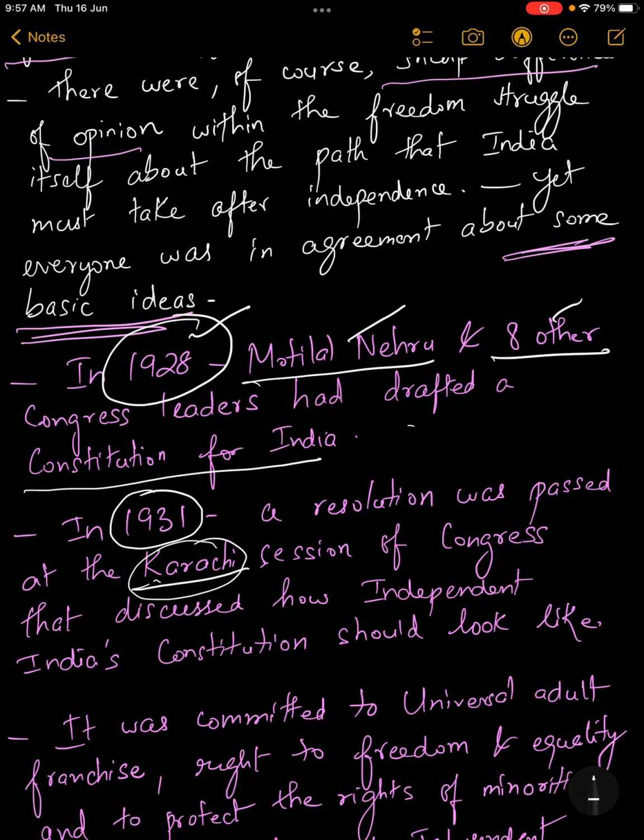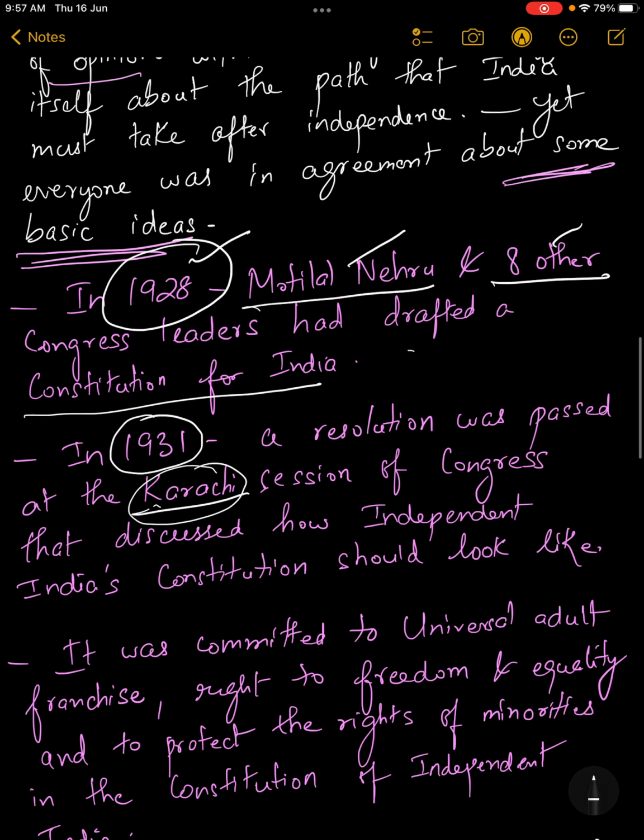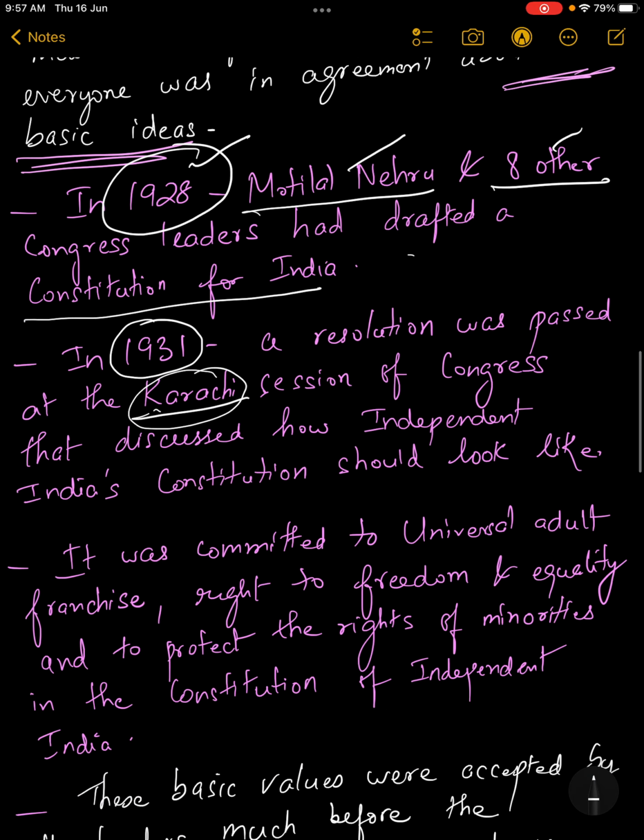Right? And on the basis of that, there were some basic principles, right? Some basic ideas that I was talking about that the leaders agreed on, like universal adult franchise, for example, right? One person, one vote, one value for all adults, right?